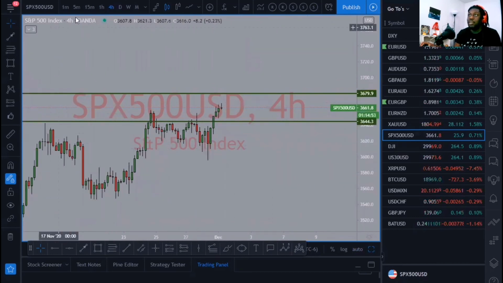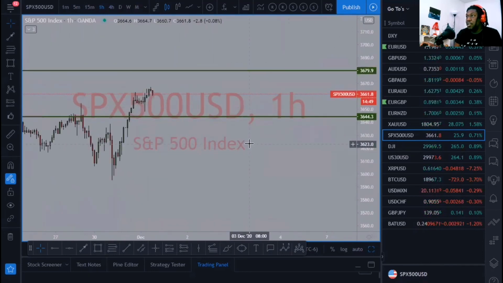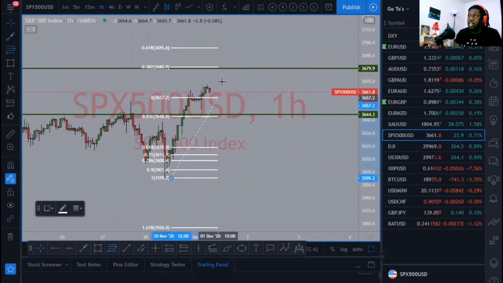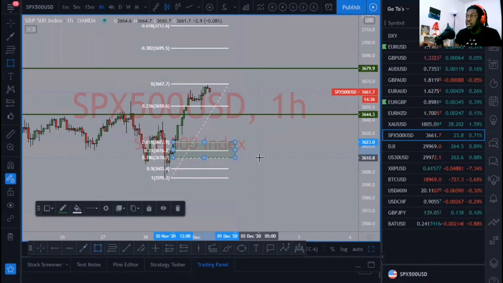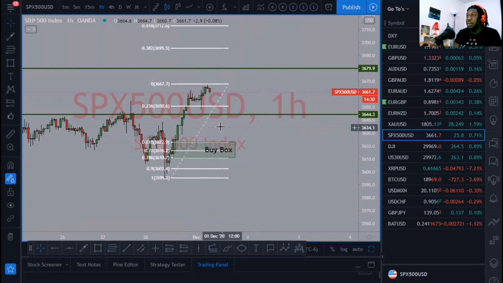If I was looking for a buy opportunity, which is what I'm seeing more of here than a sell, I'd want price to come down to 3622 right here, chill over here at my buy box, and then reject off here and continue to the upside.